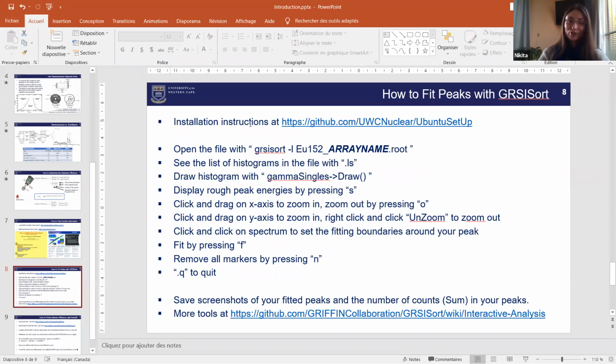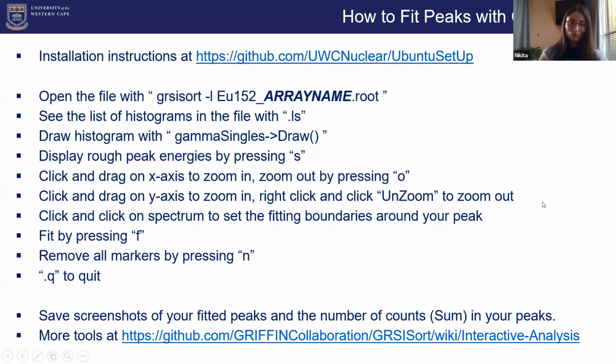So we did the first point over here, how to install Greasy Sort. All the instructions are on the GitHub at that link. Now, let's read through this to check that I give you all the instructions. Now, we're looking at 4 arrays.